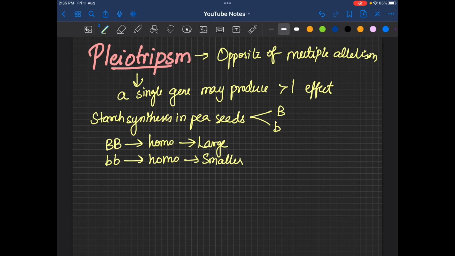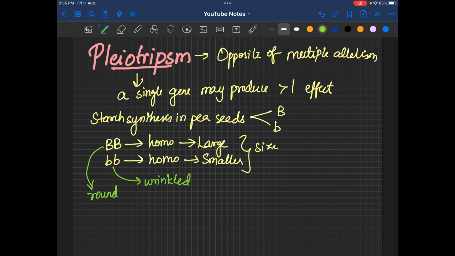After maturation of the seeds, there is another example for pleiotropism, where a single gene may produce more than one effect. Now we have seen this comes under size. If capital B and capital B, after maturing, what happens? After maturing, the BB seeds are round, and small b small b become wrinkled.